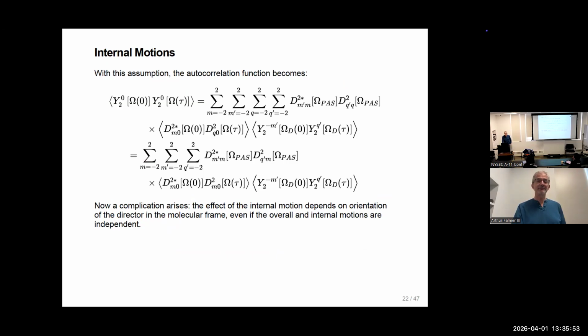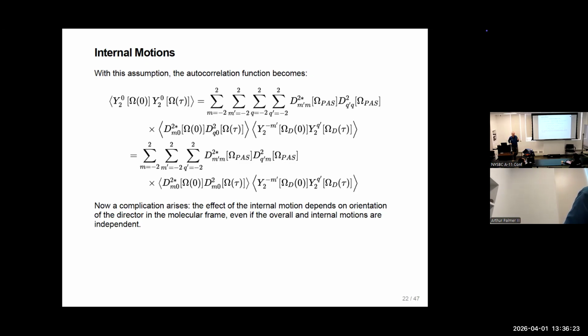But if we make that assumption and we write out all the D's, we find there's still a little bit of complication, because if the molecule isn't spherical, the effective internal motions depend on the orientation of the Hamiltonian principal axis system in the molecular frame, even if the motions are independent of overall tumbling.